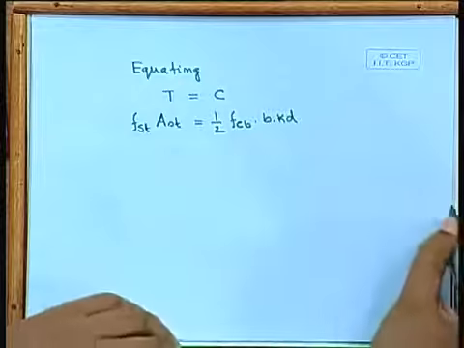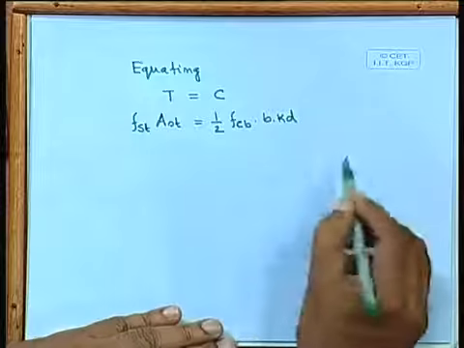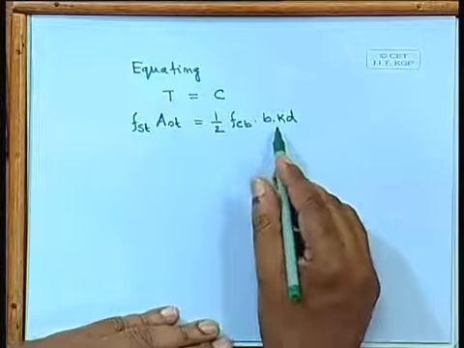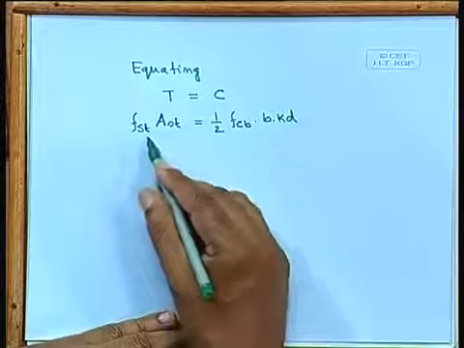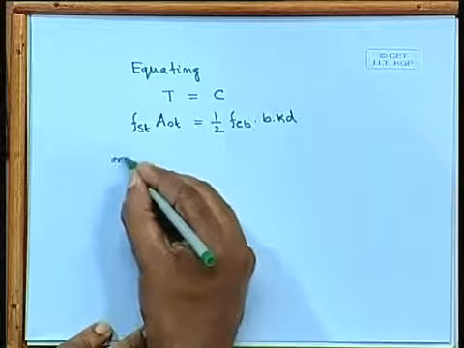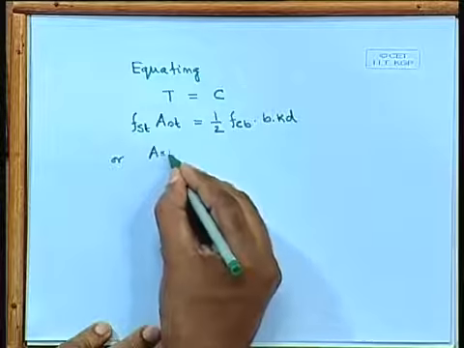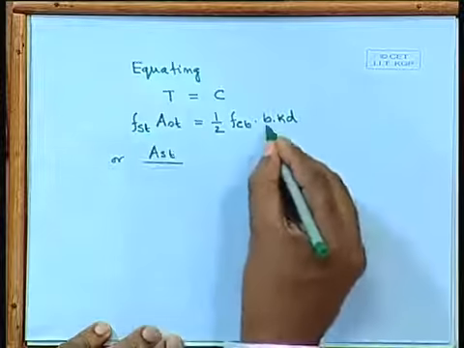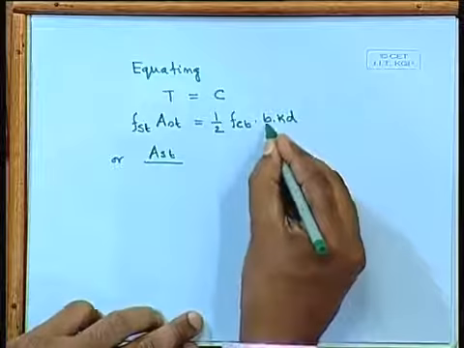So, this is your corresponding force in the steel. Or we can write down A_st by bd. We can take this b and d.